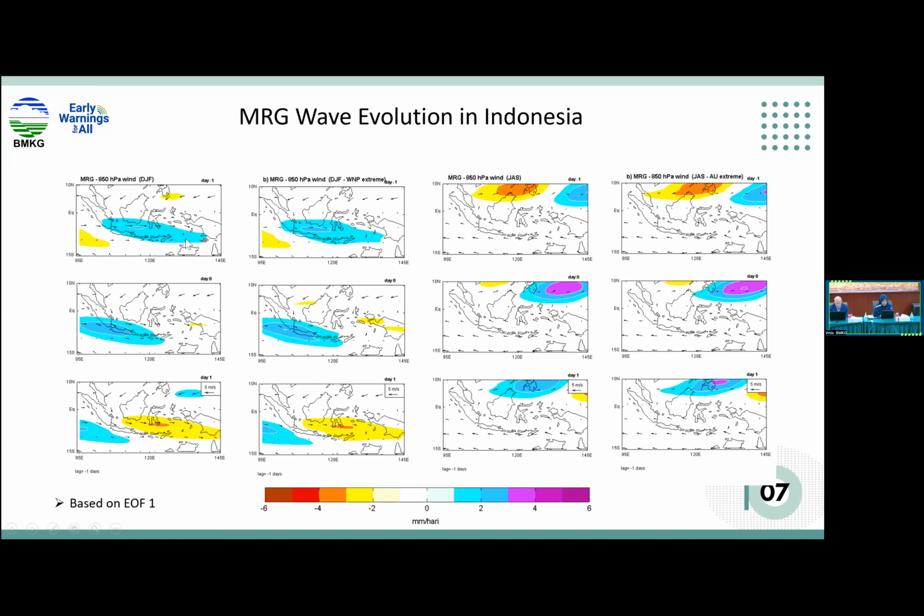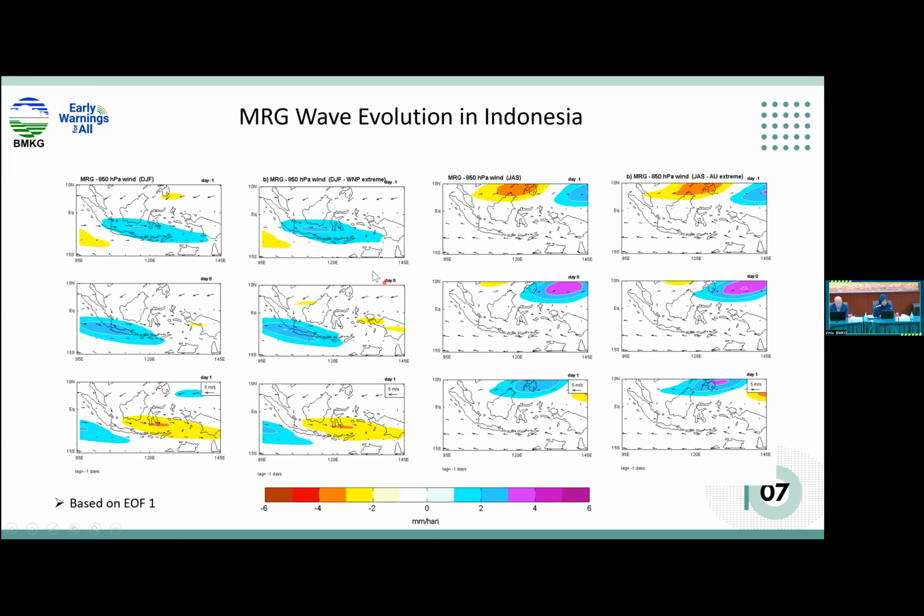We can see here during the boreal winter, the Indonesia region, especially the southern part of Sumatra, Java, and Bali, has a significant influence of the MRG wave from day -1 to day 0, because I'm using a lag regression. It is also significant for the extreme West North Pacific monsoon, because I also divide the period into the active one and the extreme one.